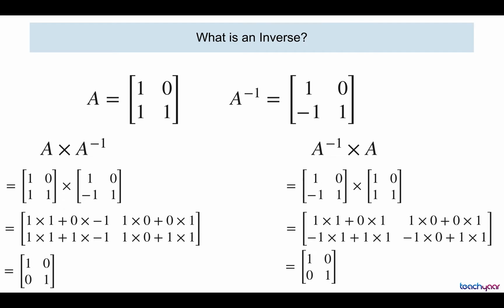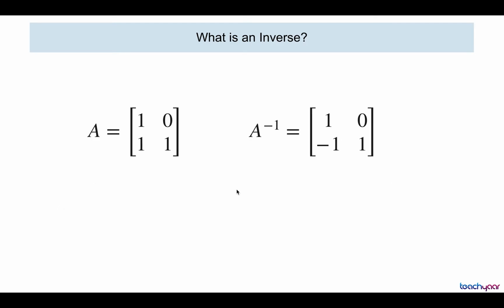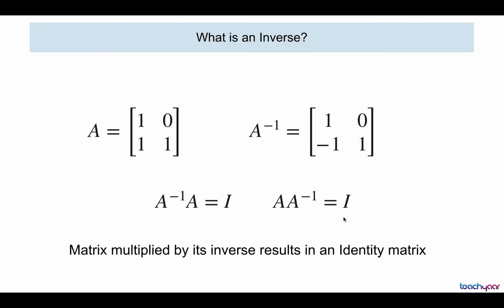Or a better way to put it is, the inverse of the matrix is the matrix which, when multiplied by the matrix itself, so when you multiply A by A inverse, either before or after, you gives you the identity matrix. Okay. So that's just the rule described again. For a matrix A, the inverse is the matrix where A inverse A is I, and A A inverse is I.